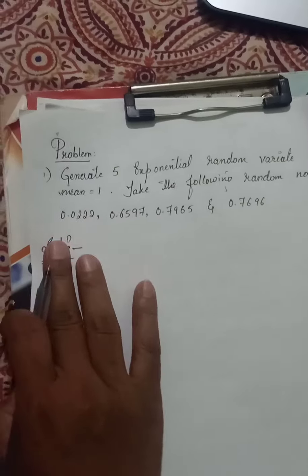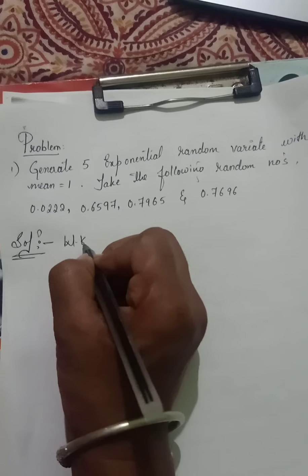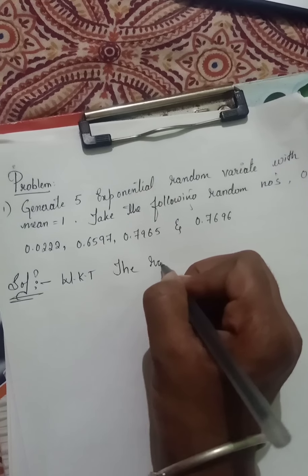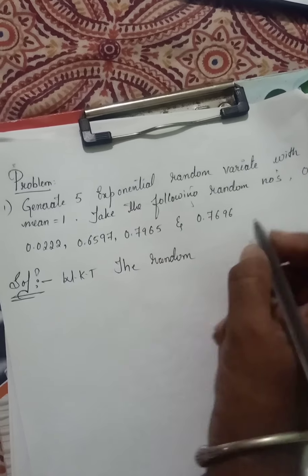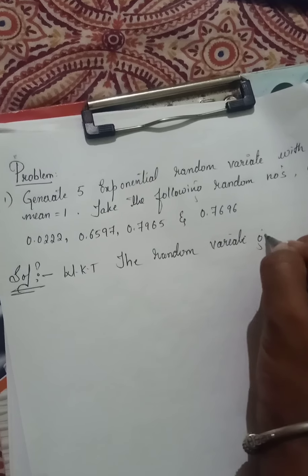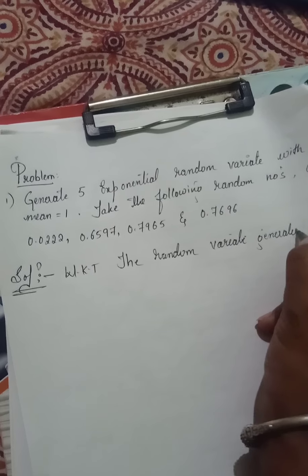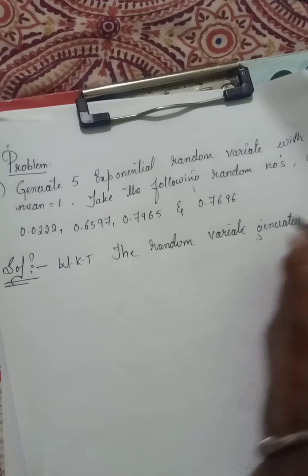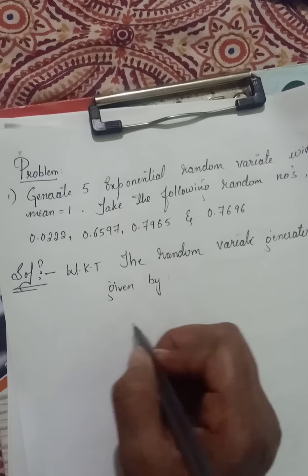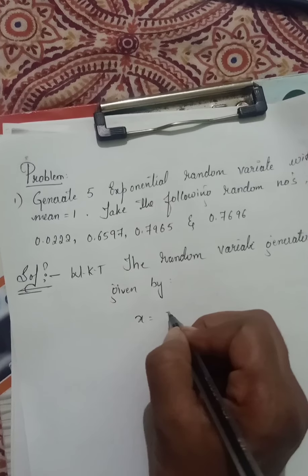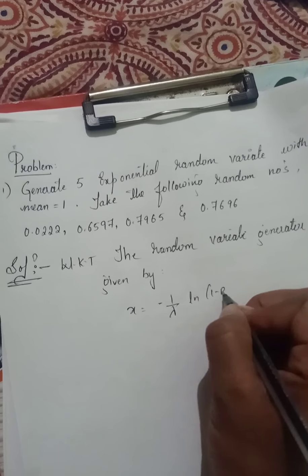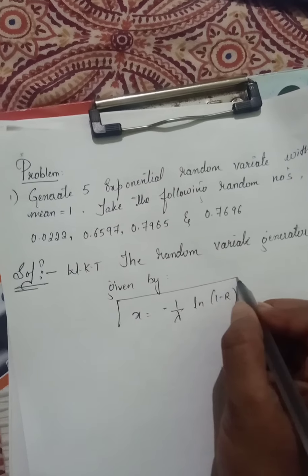We know that the random variate generator is given by x = -1/λ times ln(1 - R), as we have already seen.